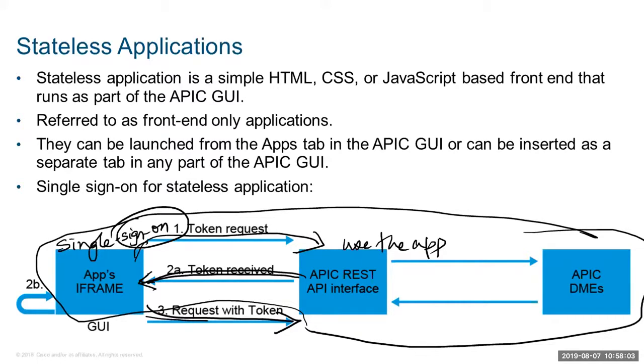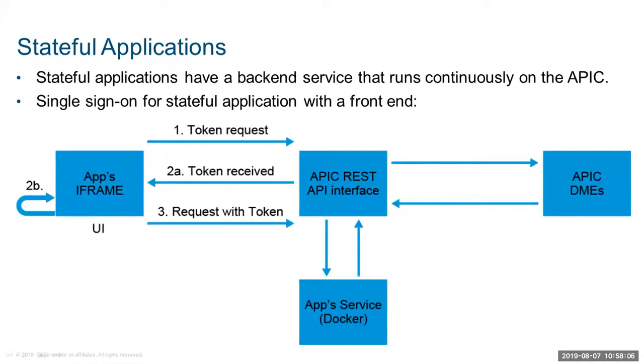That's a stateless application. A stateful application has a backend service that continuously runs. By the way, this is your backend service, for example. It's actually running in a container, as you can see. They store the state information, that's why it's called stateful, in this backend for specific reasons. In this example, it shows you a Docker container, which again communicates with the APIC using the REST API.